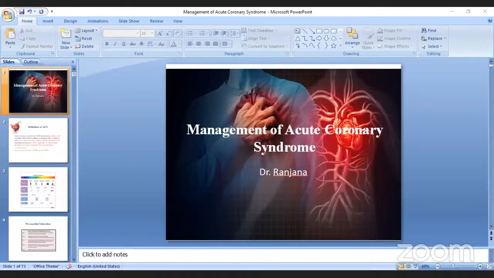On top, there is one slideshow option, on the top, file, edit, somewhere there. Go to slideshow and start from beginning. Maybe you'll be able to get. Otherwise, you continue with this mode, but you'll have to scroll your slides from the slide sorter view only. If you click on the thing, it won't change.